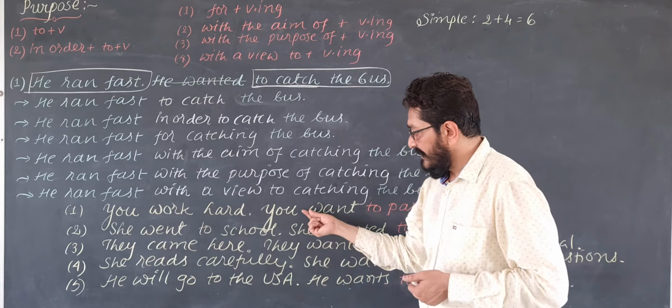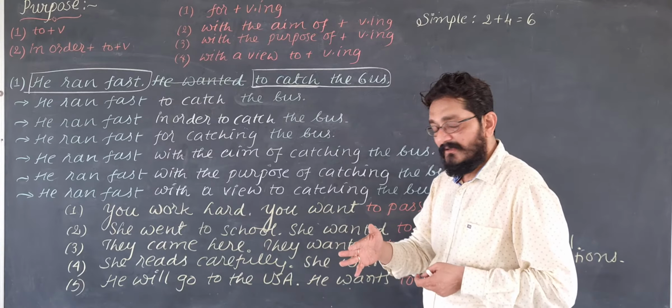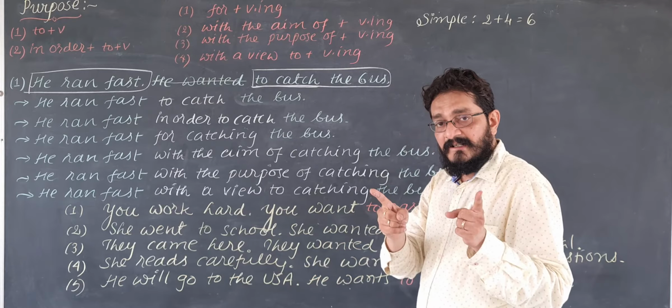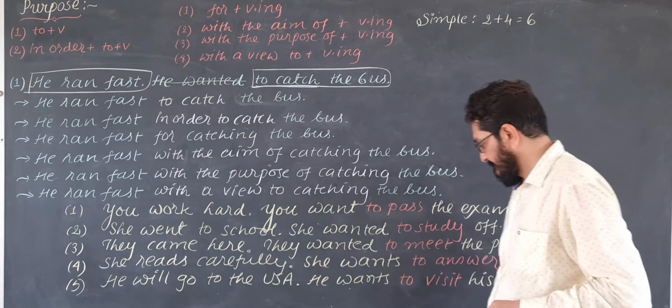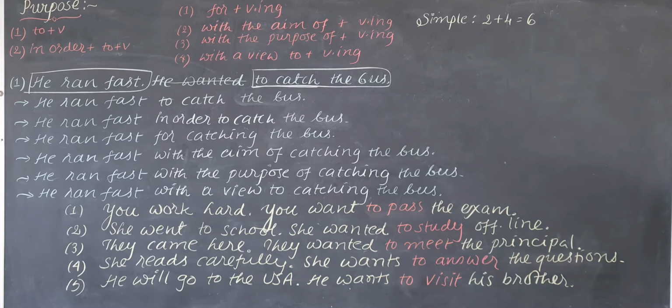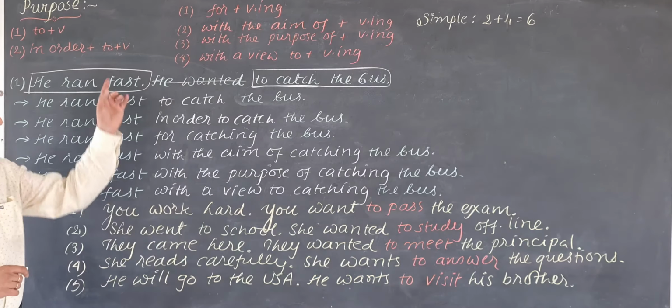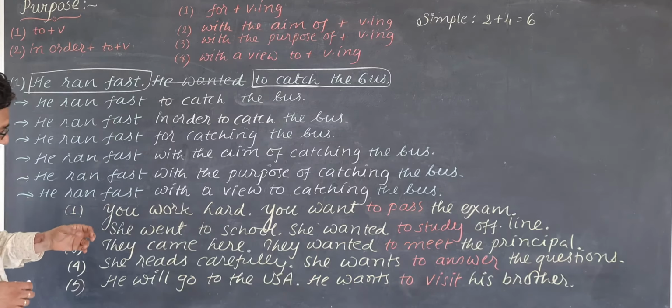Now there are 5 for you. First of all, I will go in a site, take a screenshot of it. You have to make these 5 sentences simple in this way.